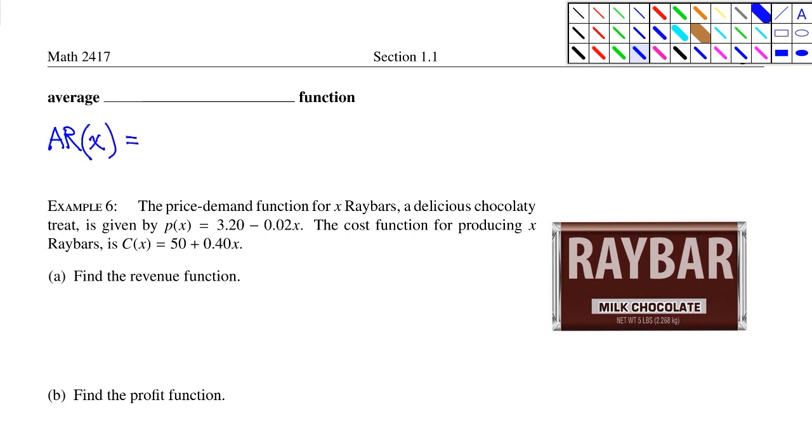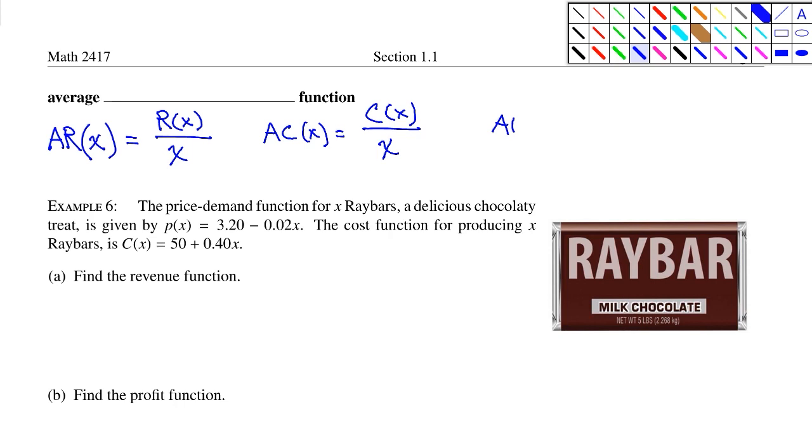So average revenue is the revenue that you get from selling X items divided by the number of items that you sold, X. And the same thing, average cost when you're selling X items is the cost for those X items divided by the number of items that you produced.